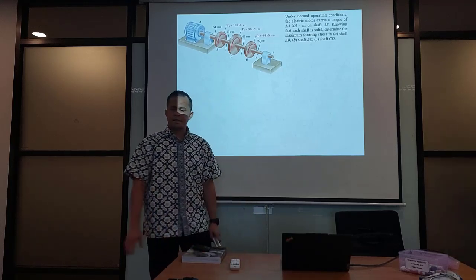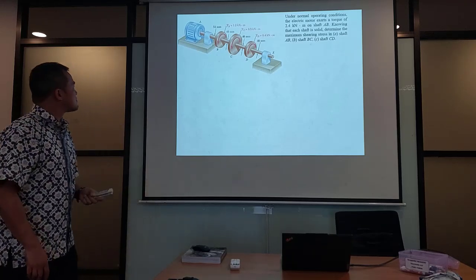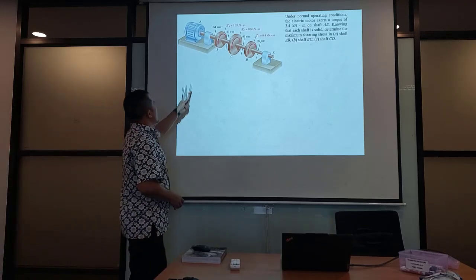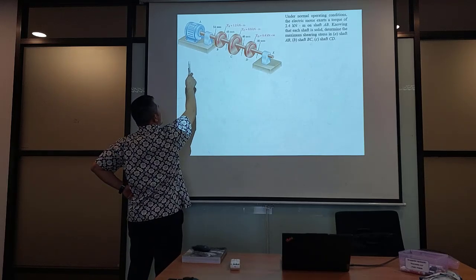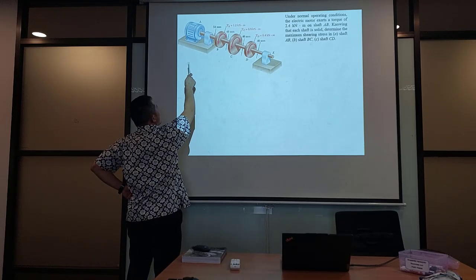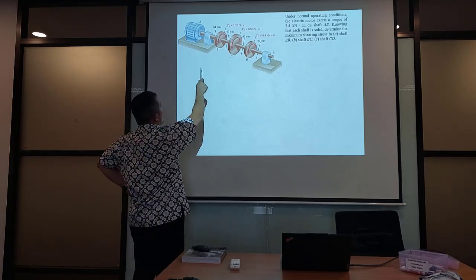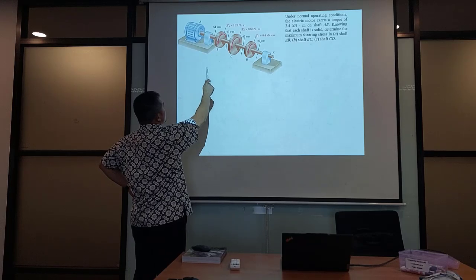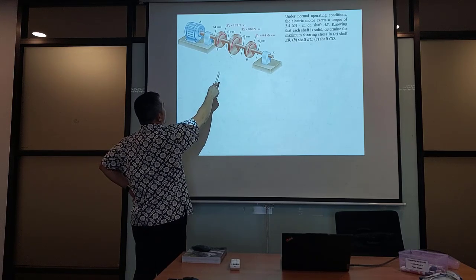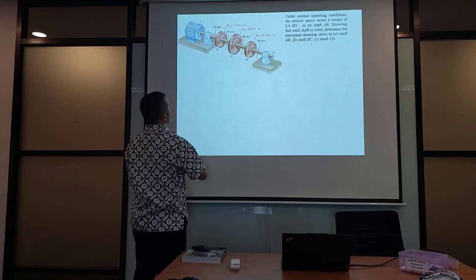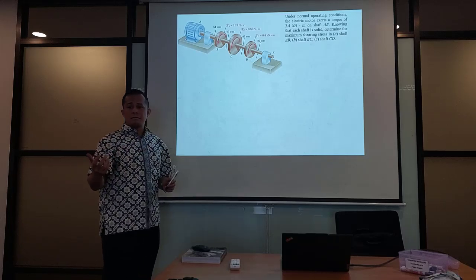Now look at this particular problem. The shaft is connected to an electric motor. It transmits, of course, a torque. The torque is used to rotate gears A, B, C, D. All of the torque is counterclockwise positive.